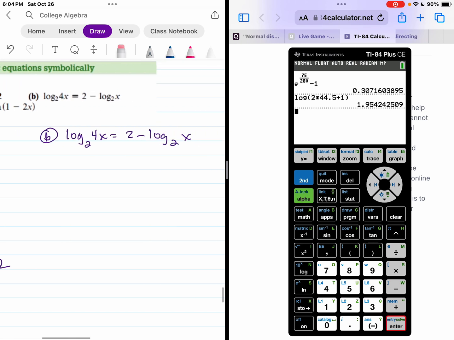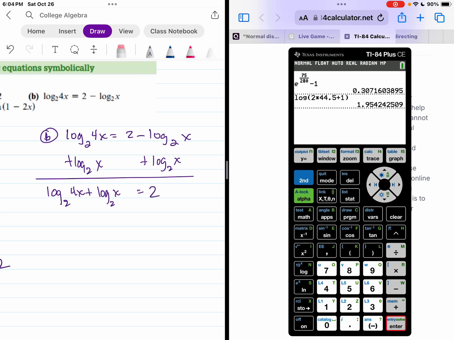The next one, this one I want to get all the logs on one side so we can condense. So log base 2, add it over. So that gives me log base 2 of 4x plus log base 2 of x equals 2.